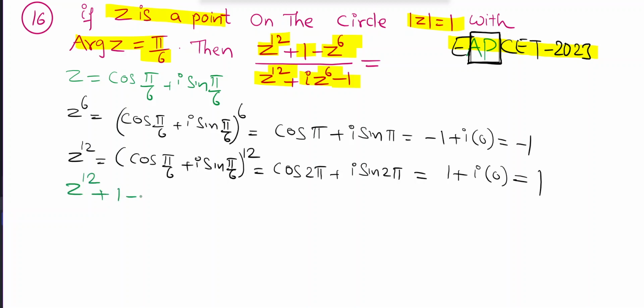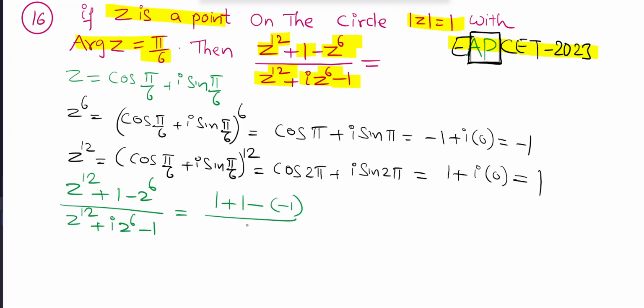Substituting these values in the given problem, now we find (z power 12 plus 1 minus z power 6) by (z power 12 plus i z power 6 minus 1). Z power 12 value is 1, plus 1 minus z power 6 is minus of minus 1, by z power 12, this is 1, plus i into z power 6, this is minus 1, this is minus 1.